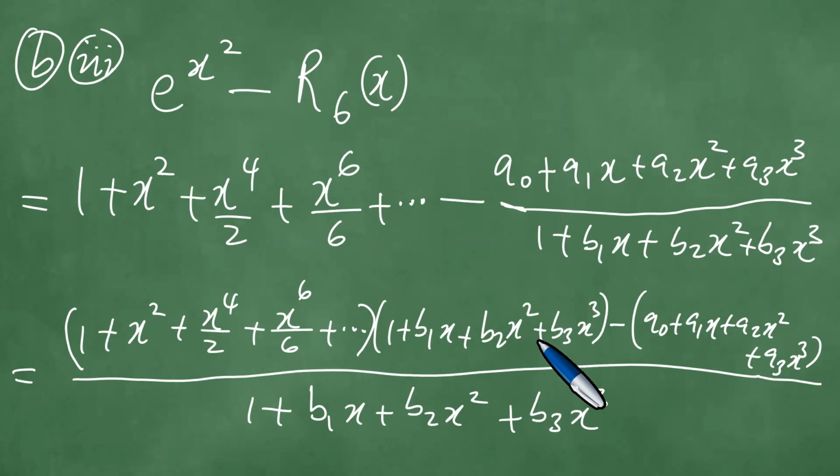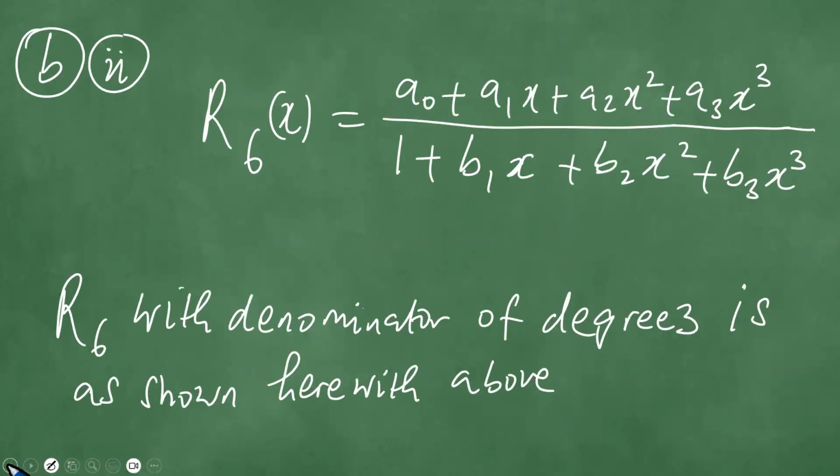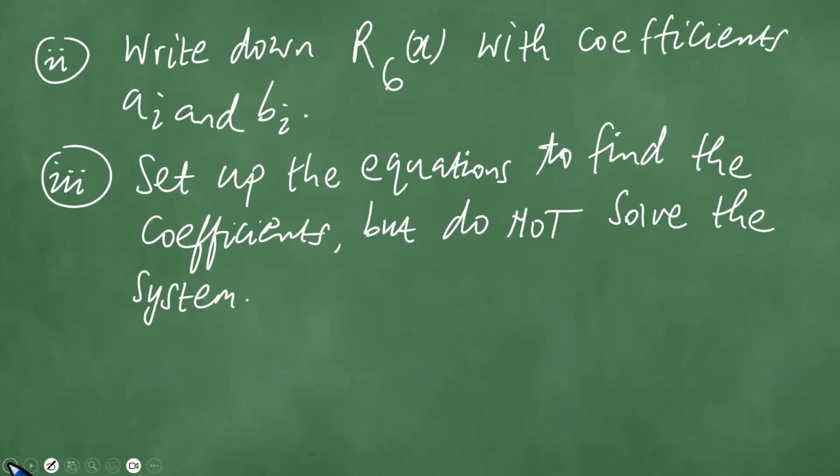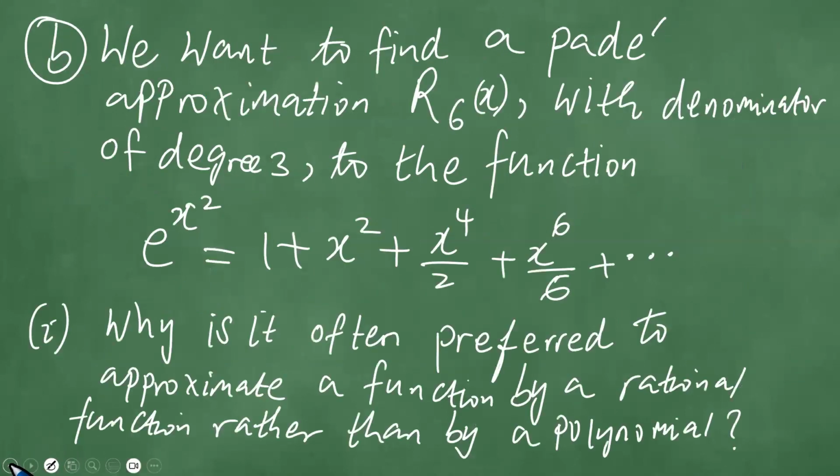So now, if you look at these carefully, we want to set up the equations to find the coefficients, but not solve the system. What we want to do, in a series of steps, is find the Pade approximation R6 of x with the denominator of degree 3 to this function. But we go through some steps.